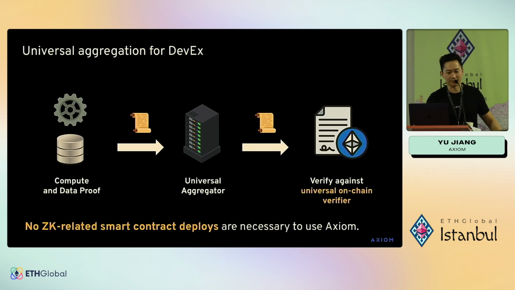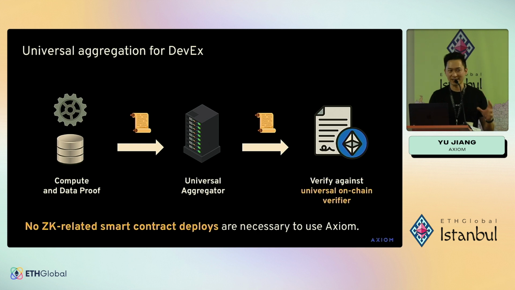And we aggregate all this data via universal aggregation. The compute proof and data proof that is generated on the client side in Axiom REPL, that circuit is put into a universal aggregator, and then we are able to verify it using a universal on-chain verifier.